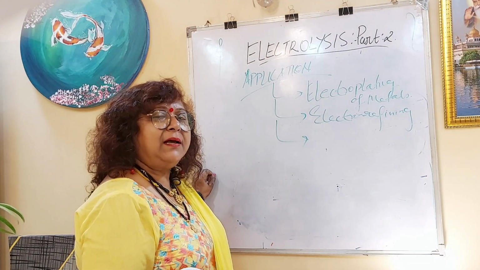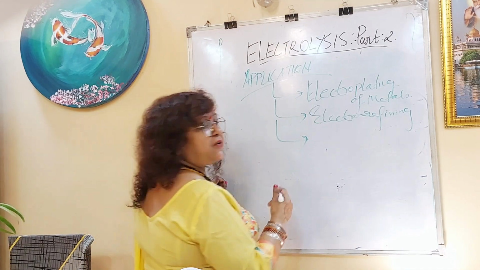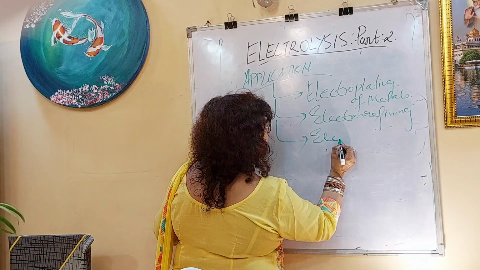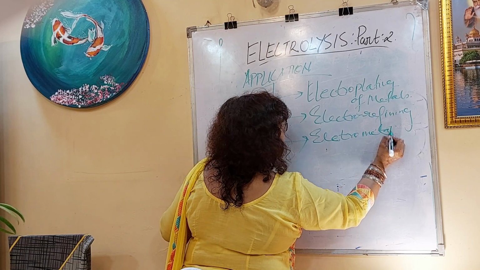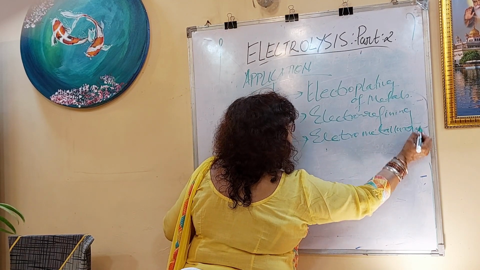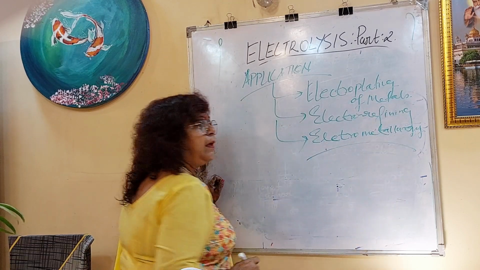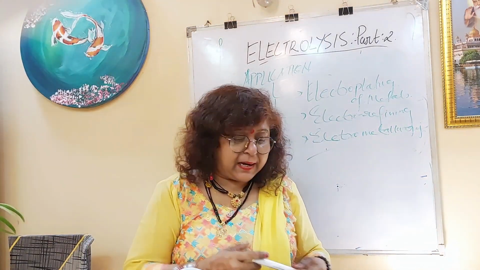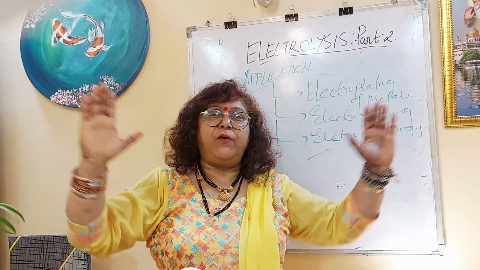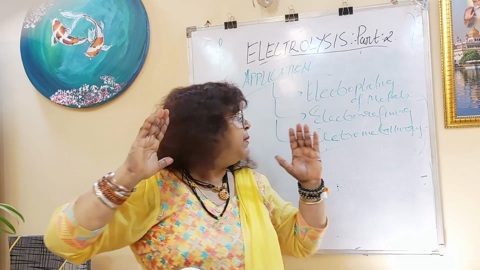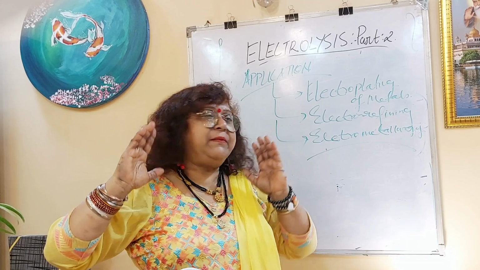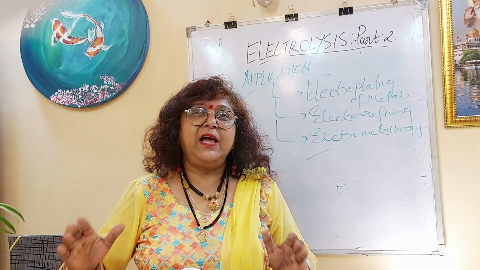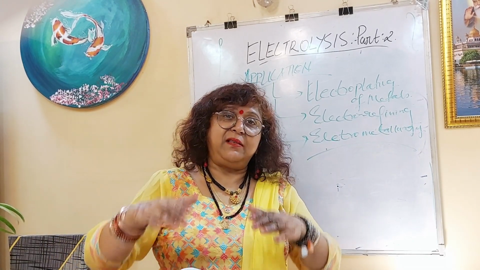And third is electrometallurgy, extraction of metals. Now, you should make a table for the comparison of all 3: electroplating the procedure, electro-refining the procedure, electrometallurgy as per the reactivity series of the metal, the procedure.